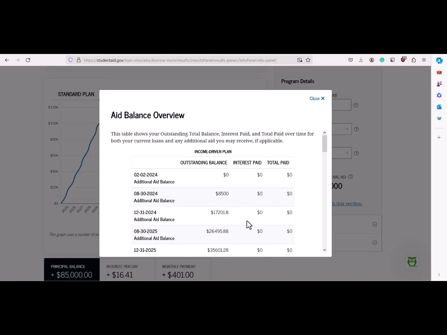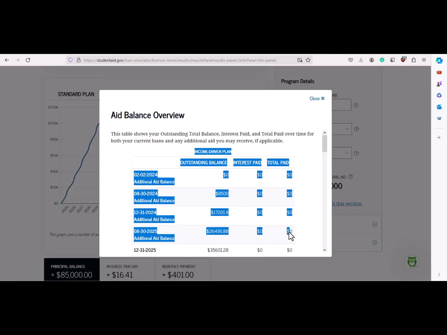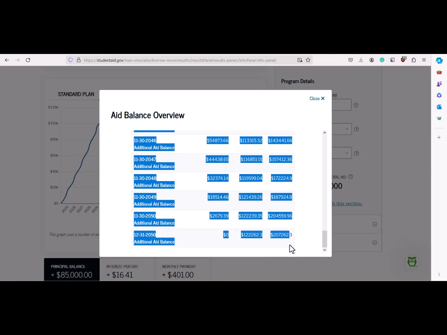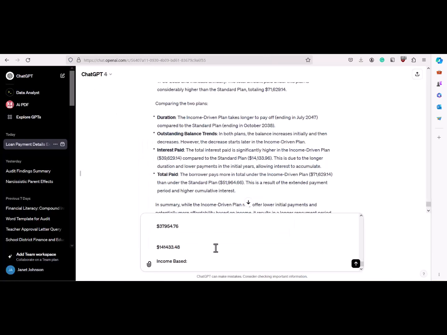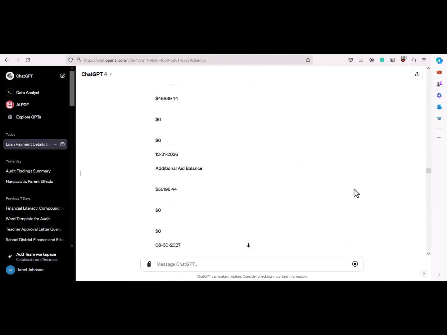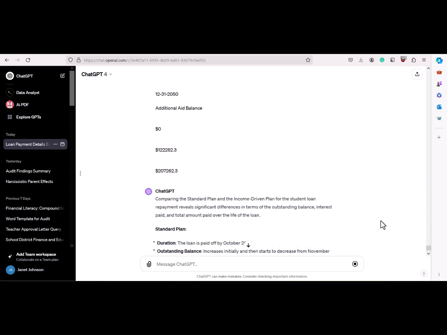Get the details, because even though all the numbers are here, it's just hard to make heads or tails out of them. And back to that, put it in, and let's see what the difference is on an $85,000 loan.